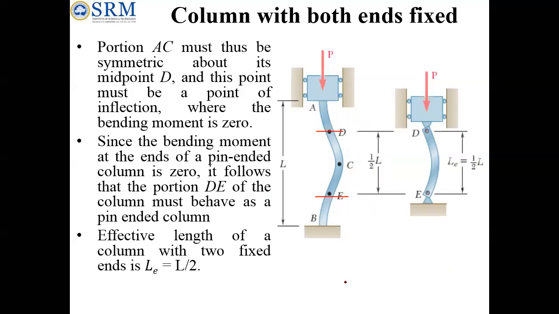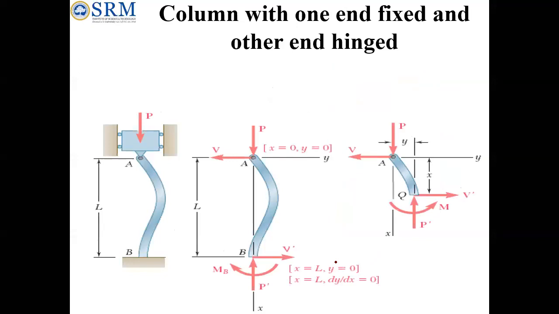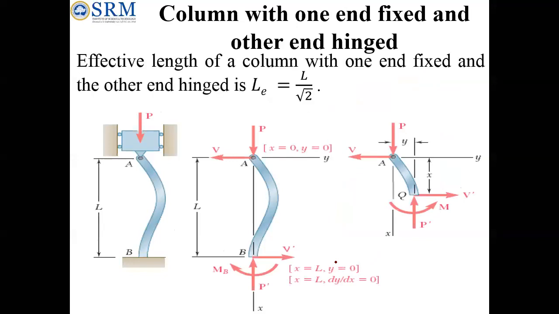Okay. So what are the things we have discussed? Hinged at both ends, LE is equal to L. Fixed at one end and free at the other side, then LE is equal to 2L. Both ends fixed, then LE is equal to half of L. Another case is one end fixed and the other end hinged.